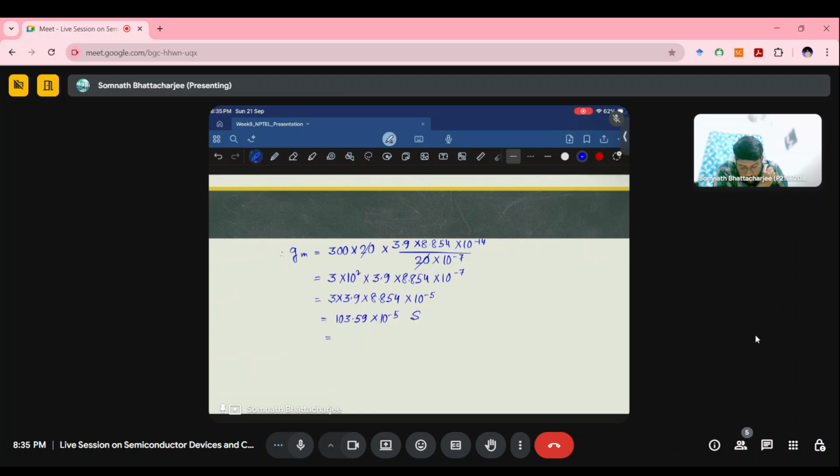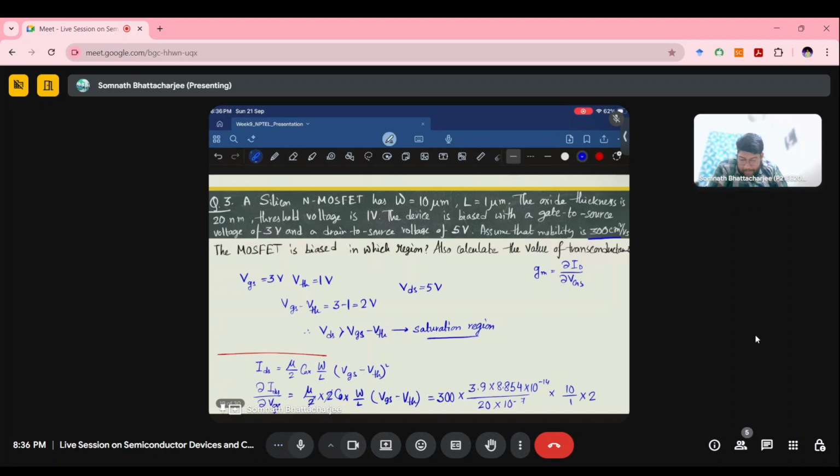So this is 1.036 into 10 to the minus 3. We can just convert it to Siemens, I guess, and this is 0.036 millisiemens. So the value of transconductance is this. So this is it. Anyone have any question?